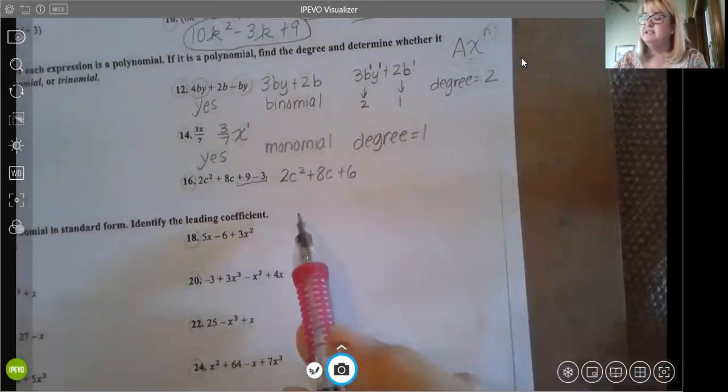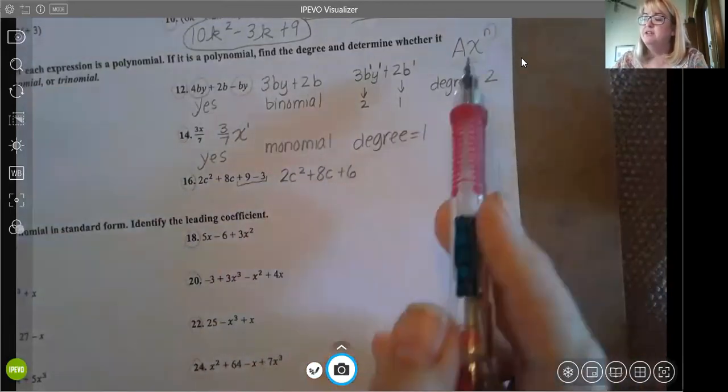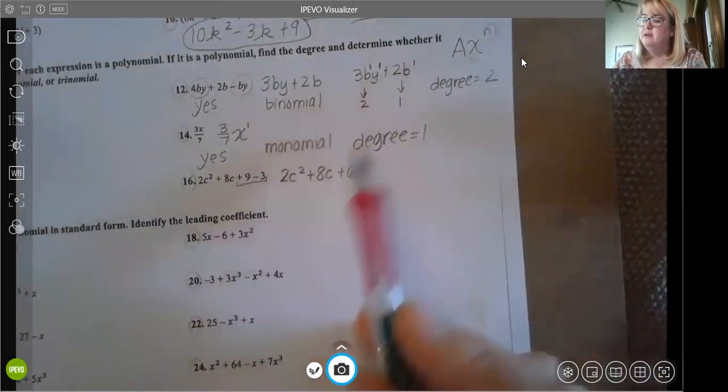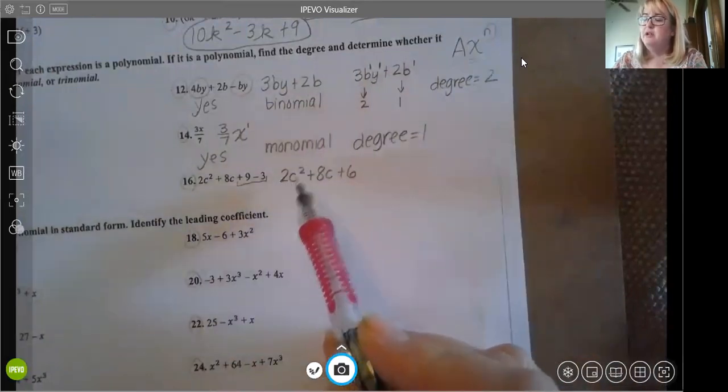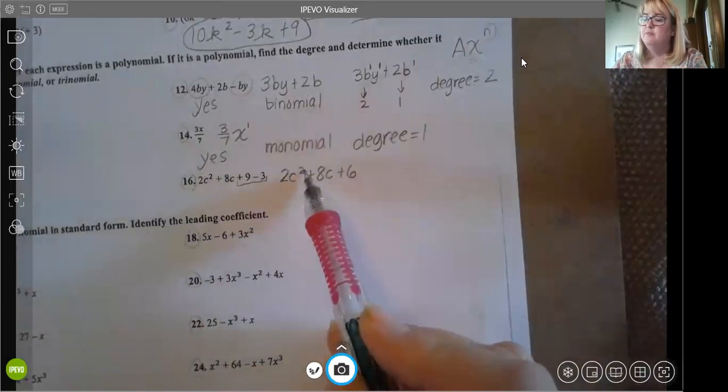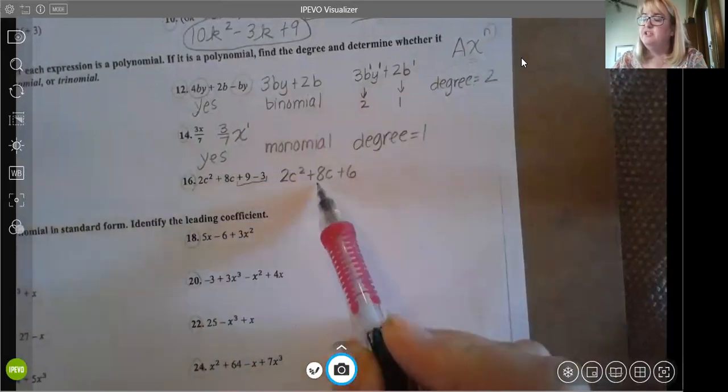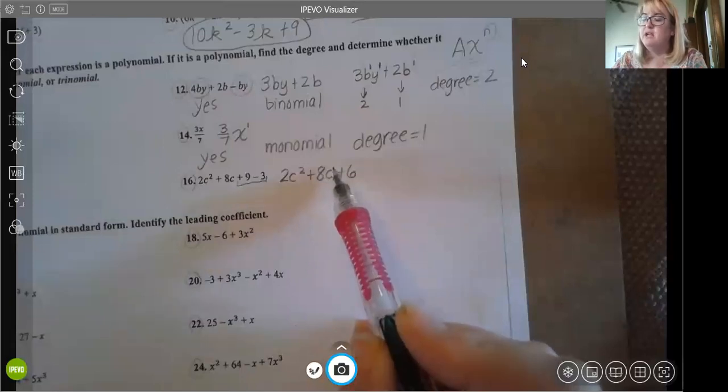All right, is this a polynomial? All the terms have to be in this form. Here's your coefficient, variable, non-negative exponent. Coefficient, variable, the exponent is 1, non-negative.